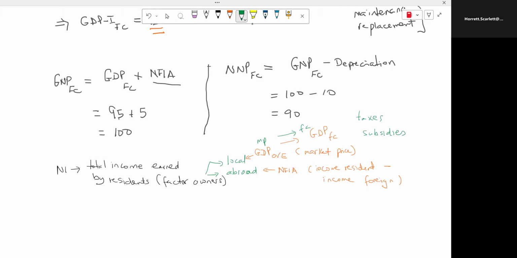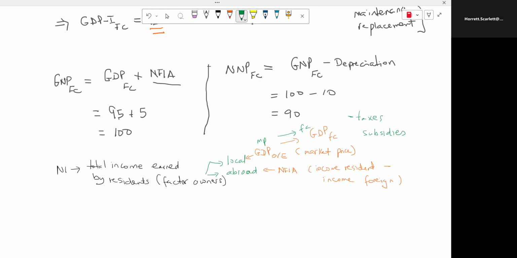So in order to find out what the factor owner actually obtains, we need to have the GDP at market price and we would subtract those taxes because those taxes are going to be remitted to the government by the sellers. So we want to get rid of that.